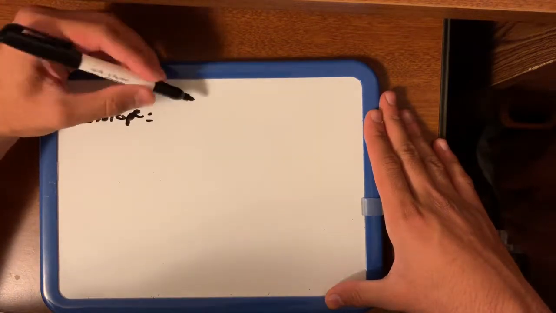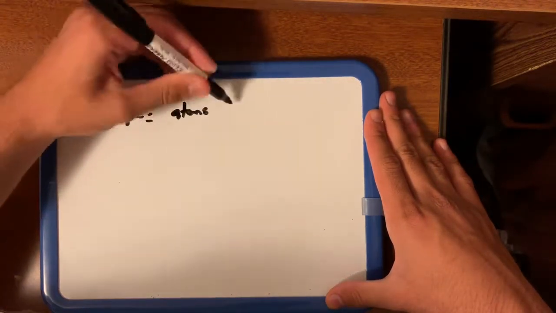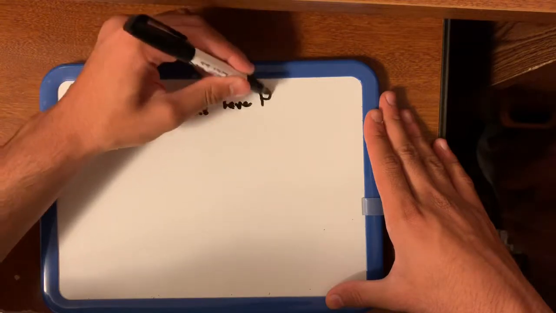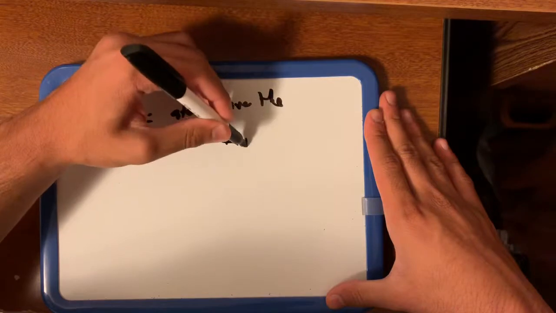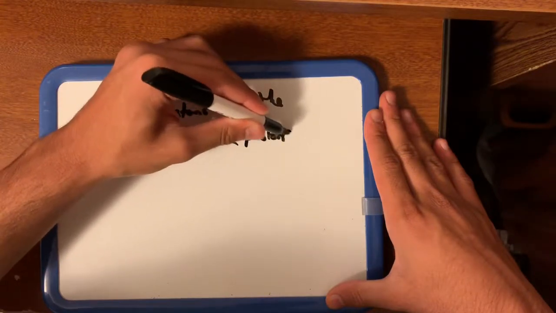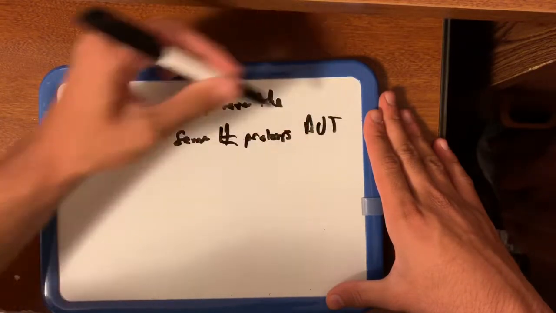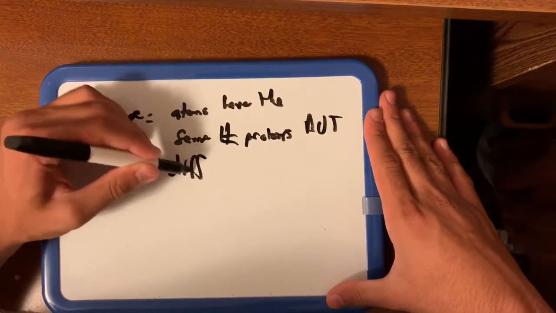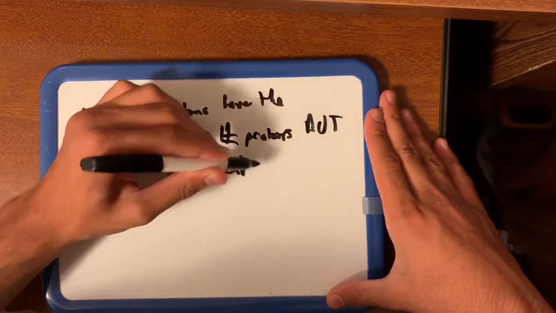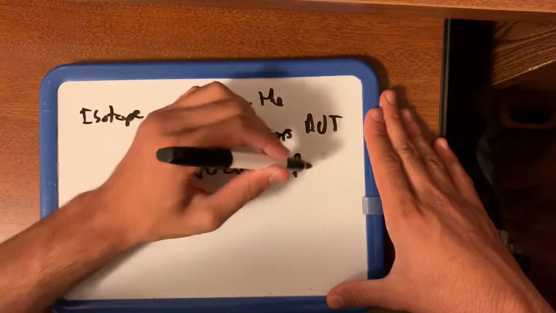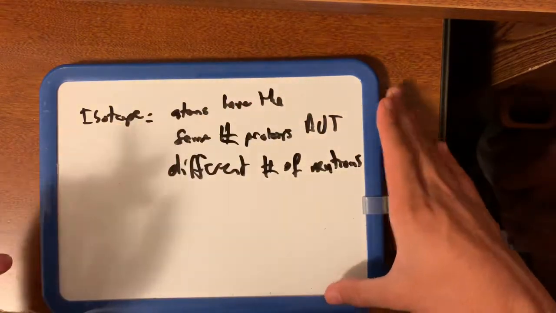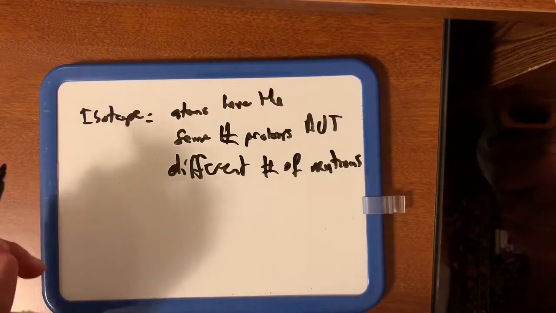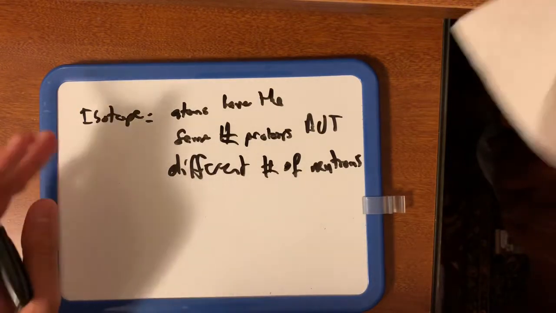An isotope is when atoms have the same number of protons but a different number of neutrons. So an isotope is when atoms that have the same number of protons have different numbers of neutrons.